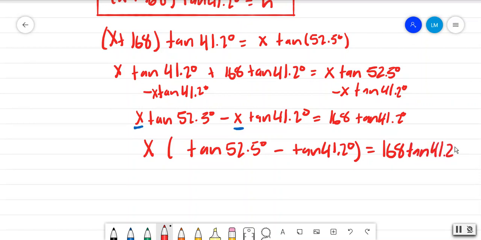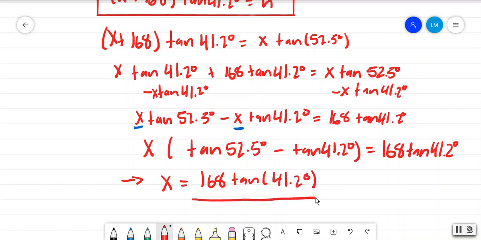tangent of 41.2 degrees. Now, if you divide, you end up with whatever x is equal to. So x is equal to 168 tangent of 41.2 degrees, but all of this is divided by the difference of the two.